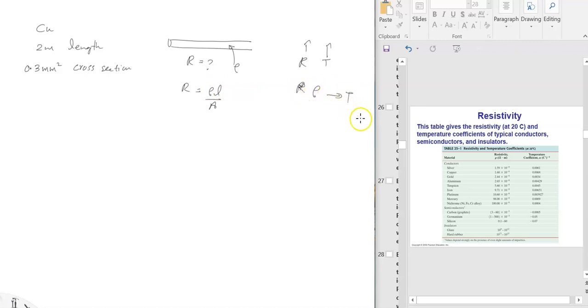Resistivity is sensitive to temperature. When temperature changes, resistivity changes. Length and cross-section also change. Things expand, right? Conductors, metals, they expand when you increase the temperature. But compared to the resistivity changes, most of the time we can assume those expansions are not that significant.